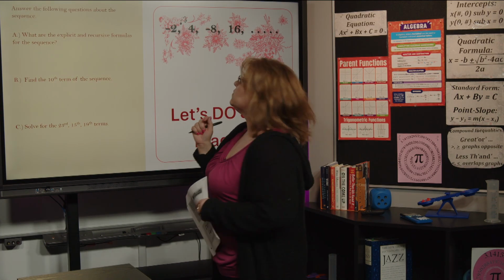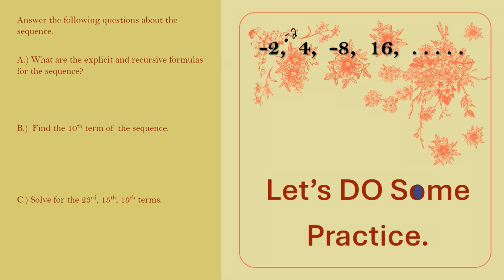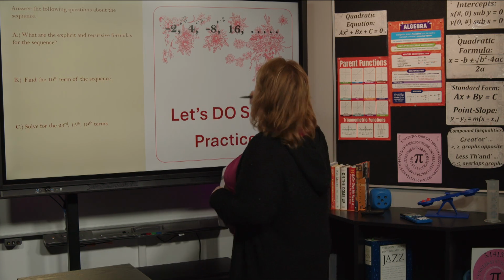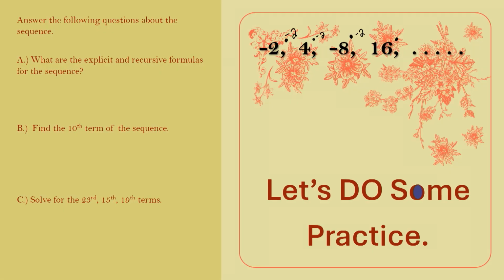So 4, taking that same -2, if I multiply it, I would get -8. Let's try it one more time. If I multiply by -2, negative and negative is a positive, and 8 times 2 is 16. So obviously I found my common ratio. Let's see if we can find our next term. 16 times -2 would give me what?